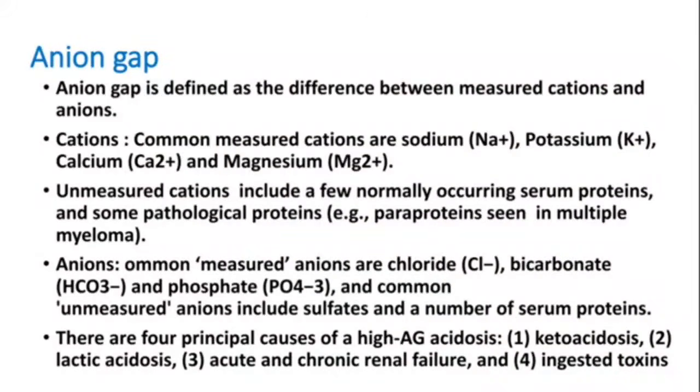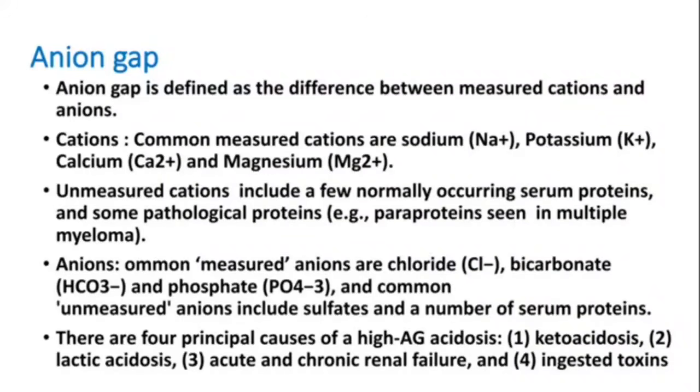Unmeasured cations are serum proteins and pathological proteins like paraproteins in multiple myeloma. The commonly measured anions are chloride and bicarbonate. Phosphate is also measured. And common unmeasured anions include sulfates and a large number of serum proteins.